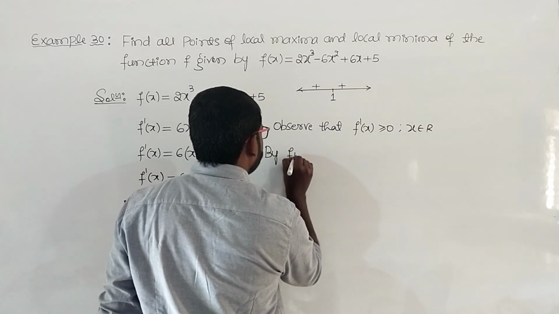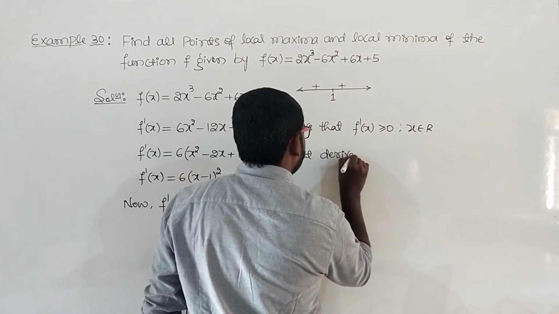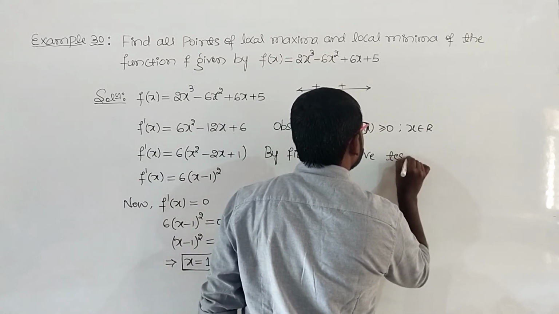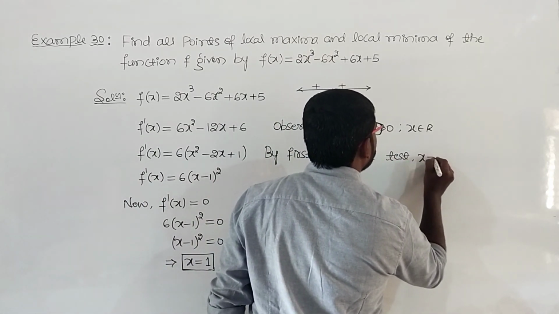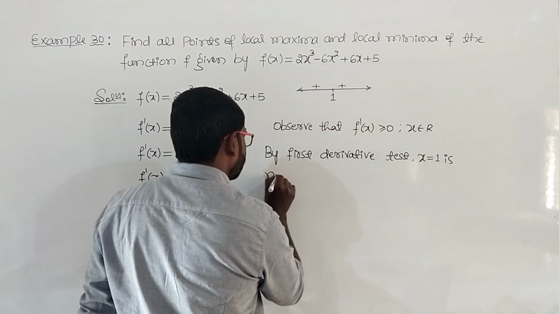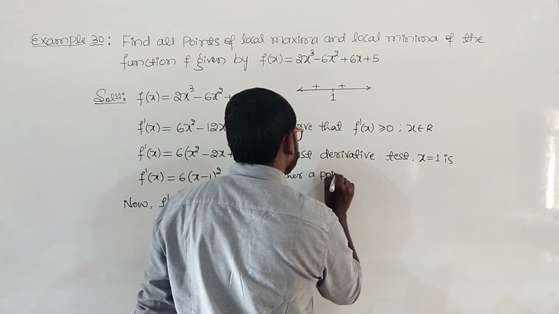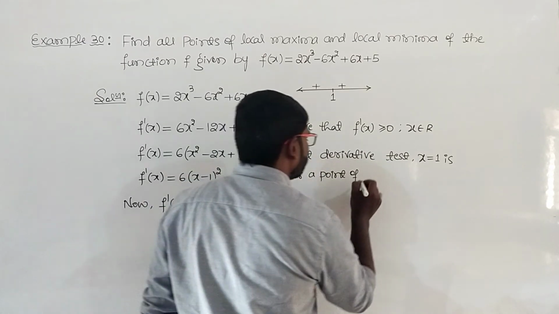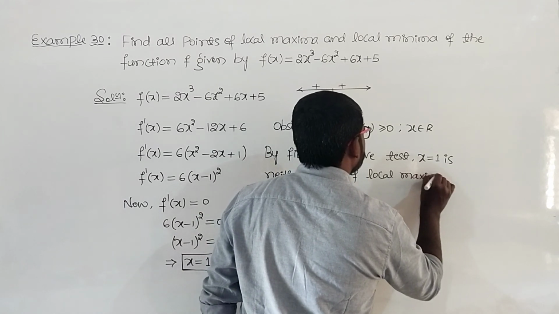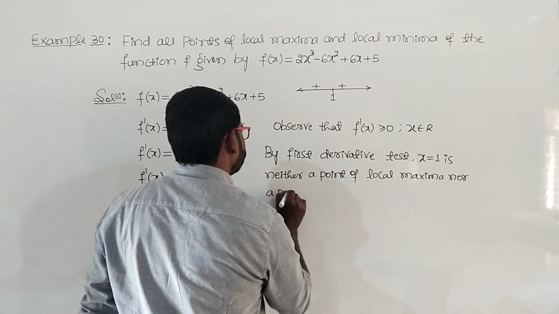By the first derivative test, x equal to 1 is neither a point of local maxima nor a point of local minima.